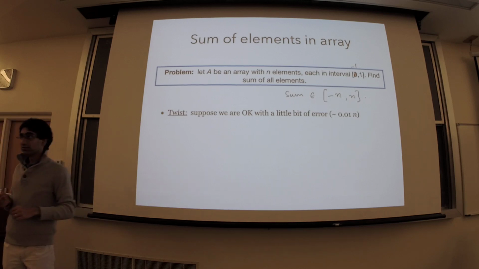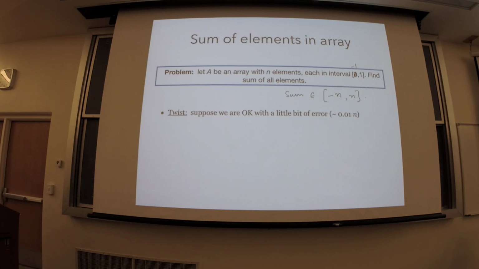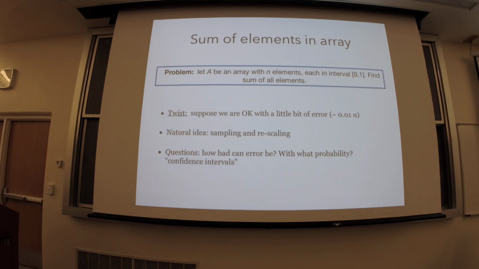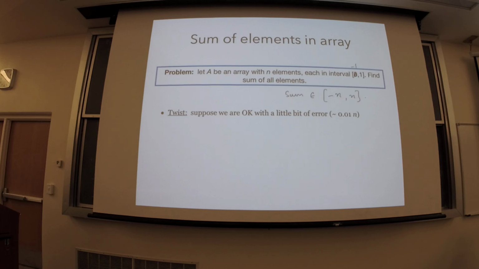All right. So what is the answer for this? The natural idea, which maybe all of you know, is sampling. So the algorithm for this could be: sample, in this case, some k elements.